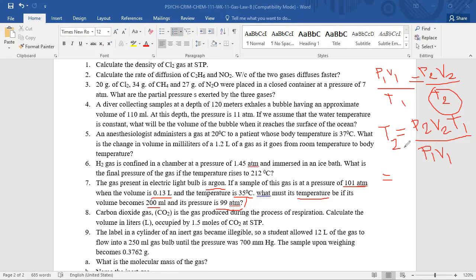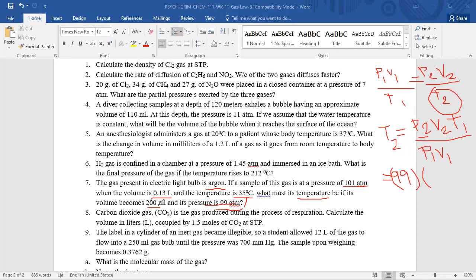So ano yung initial natin na pressure? That is, if the sample of gas is at 101 atmospheric pressure, no, P2 natin is 99. Ito, 99. Okay, final natin yan na, yan yung hinahanap natin. V2, ano yung V2?